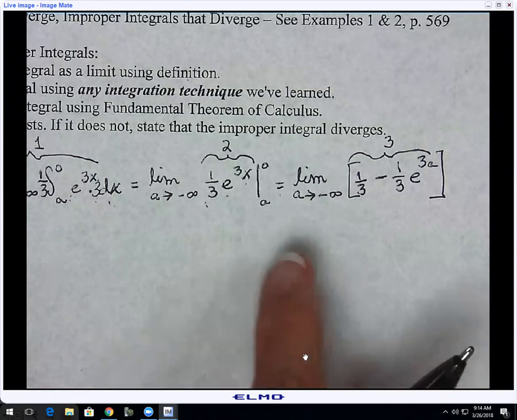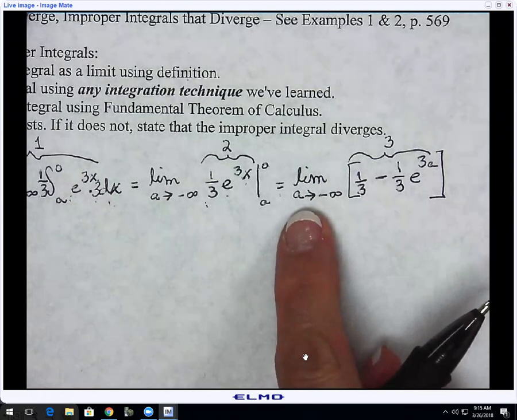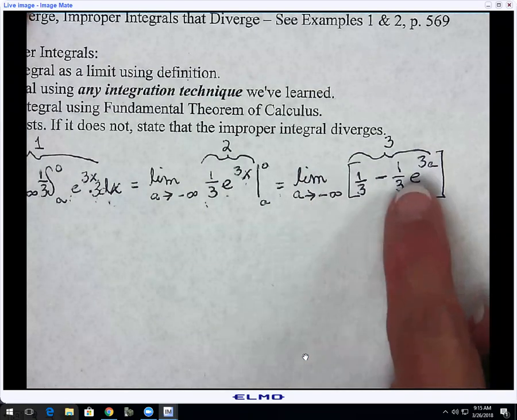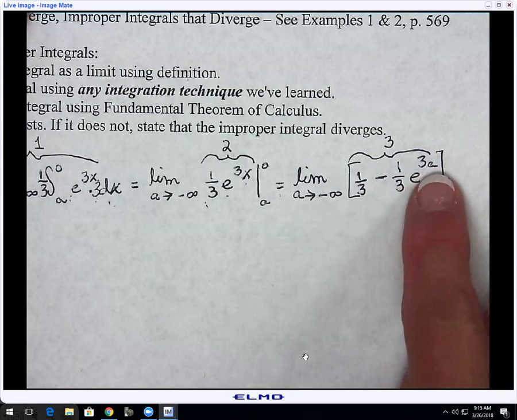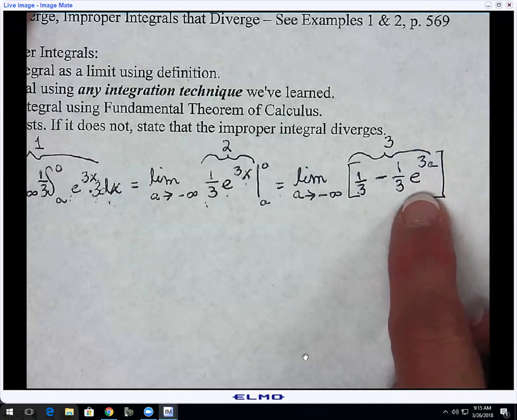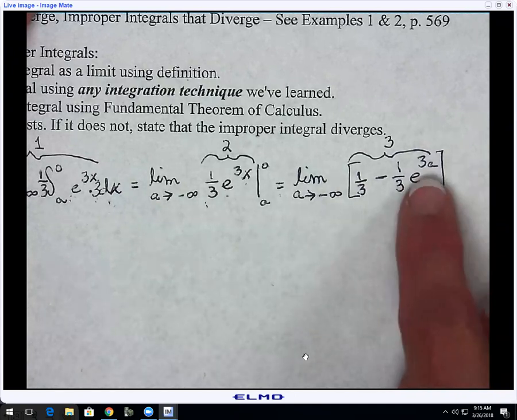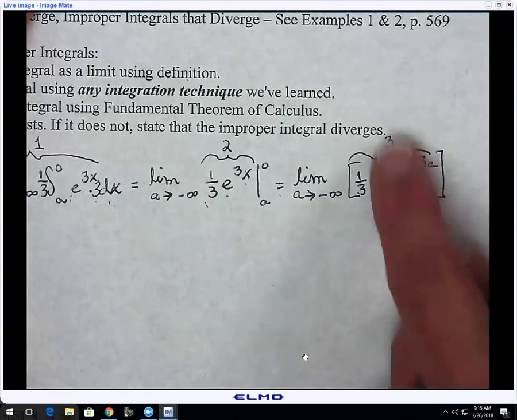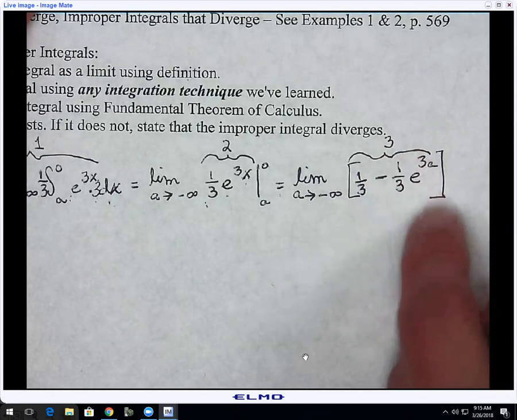Finally, step 4 is find that limit. If a is going to negative infinity, what's e to the 3a going to? e to the negative infinity is going to 0 because that negative exponent throws the e down in the denominator. You have a numerator of 1 and a denominator that's getting infinitely big.